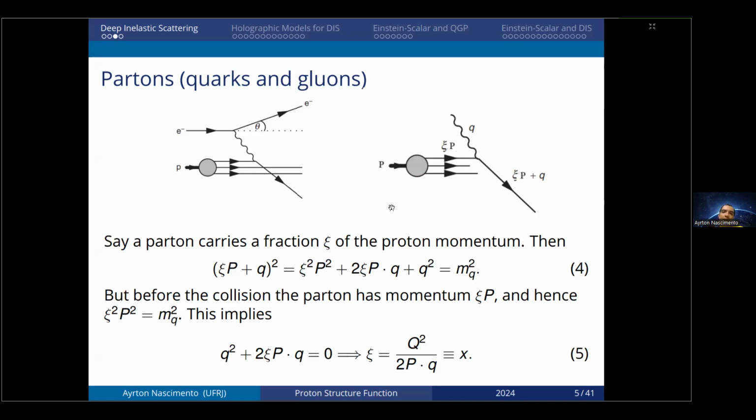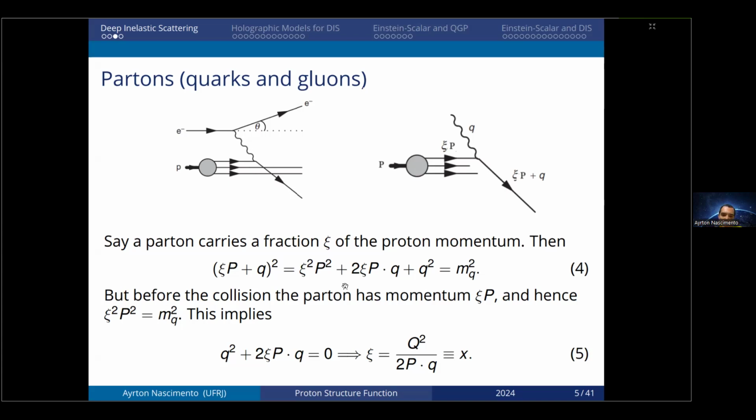Say that the proton carries momentum p, and this particle inside the proton carries a fraction of its momentum, ξp over here. You can construct the kinematics like this, in which the final momentum after the collision of this parton is ξp plus q, the photon momentum which is exchanged.